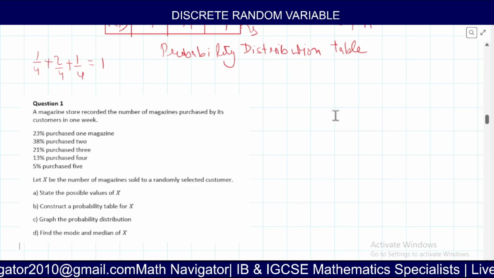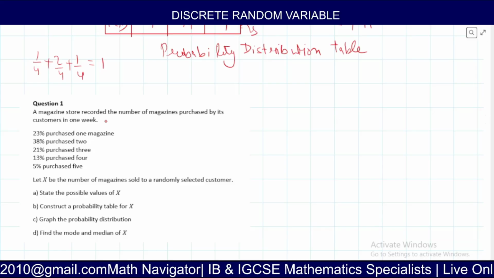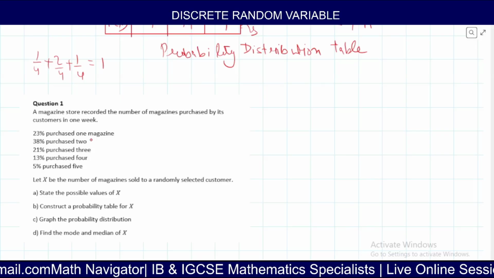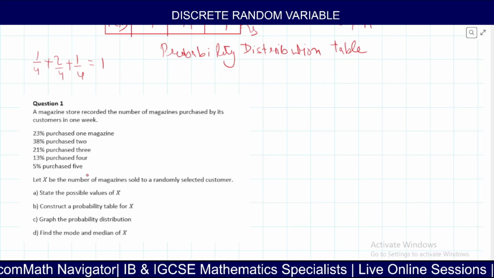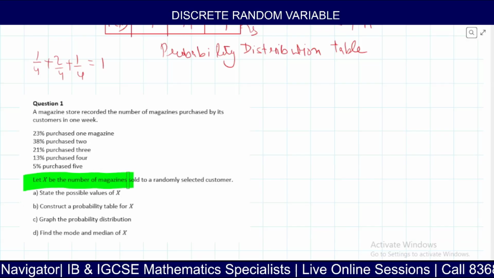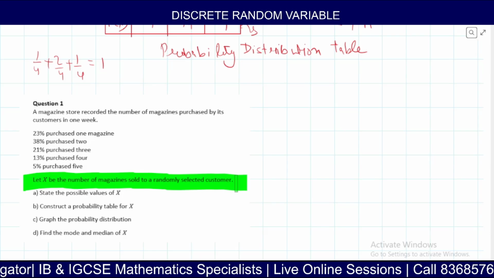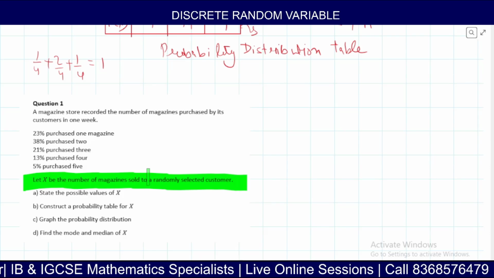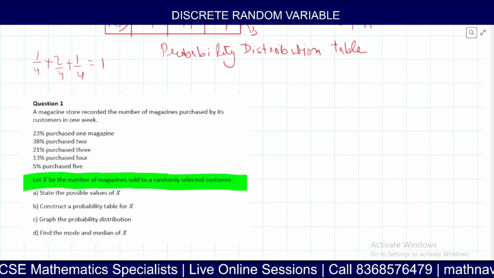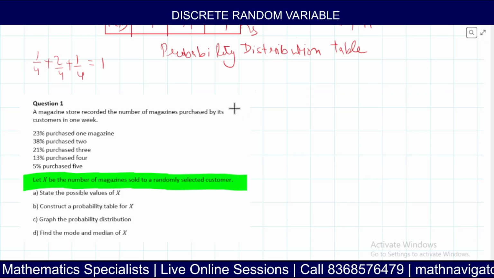A magazine store recorded the number of magazines purchased by its customer in 1 week. So basically, 1 magazine, 2 magazine, 3 magazine, 4 magazine, and 5 magazine. And they've already defined your discrete random variable x to be the number of magazines. So how much is the number of magazines? It is 0, 1, 2, 3, 4, or 5. So I'll make a nicer table again.